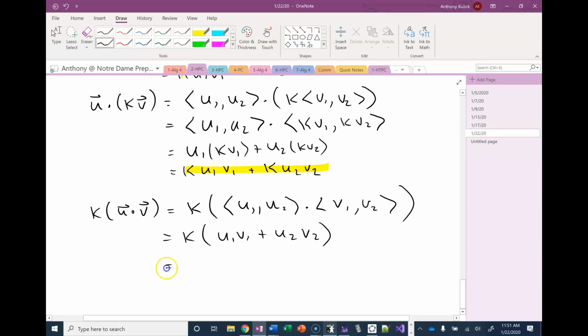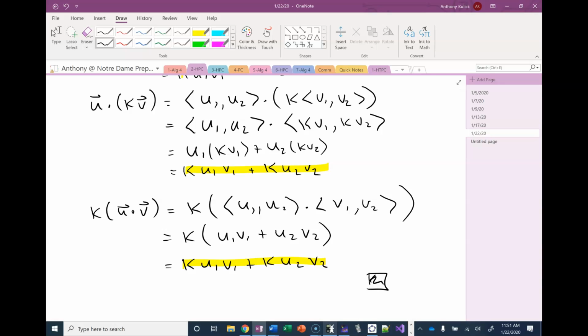So per definition of the dot product, I'll do that. And then I just distribute the k through. And that's the same thing. So all three of those gave me the same result. So they must all three be equal. Does that feel okay there?